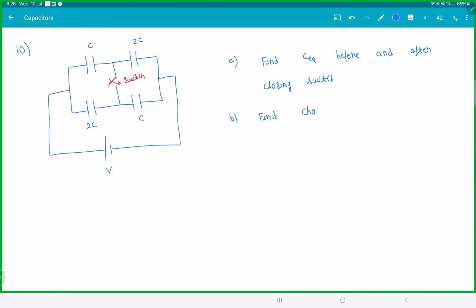Find the charge flown through the battery and the heat produced when the switch is closed. Meaning the exam directly asks you to find the heat produced. Initially the switch is open.